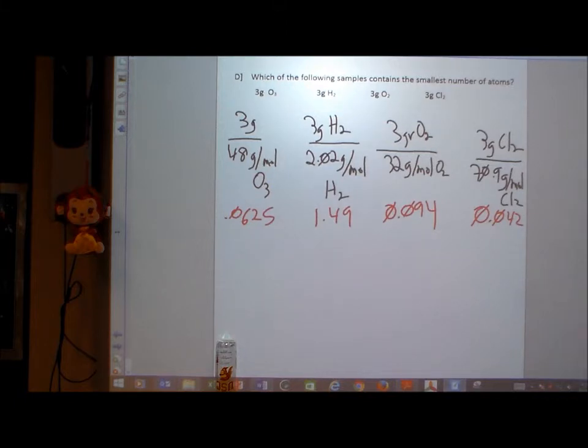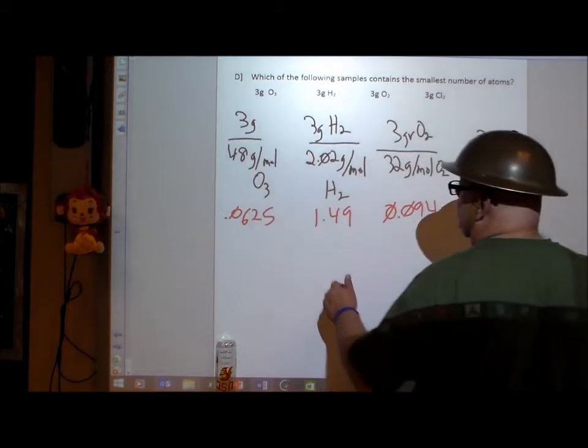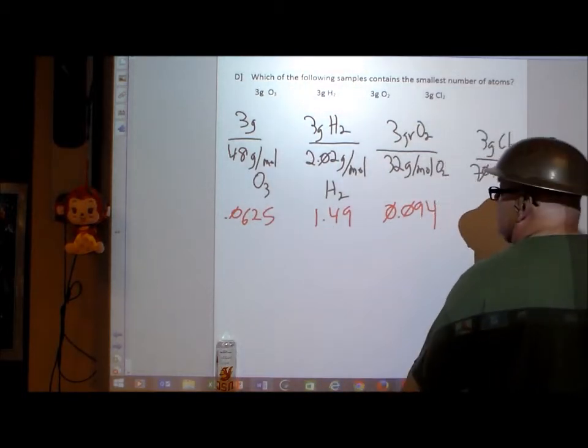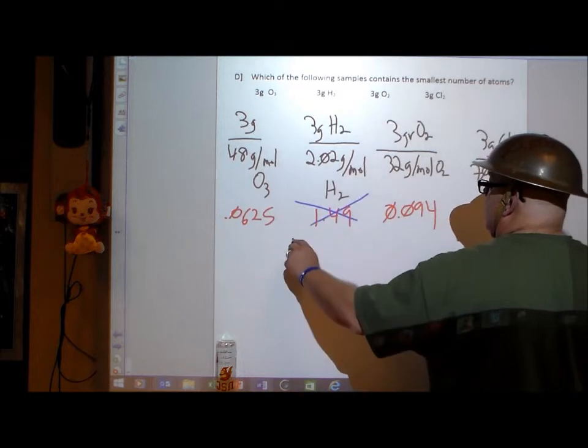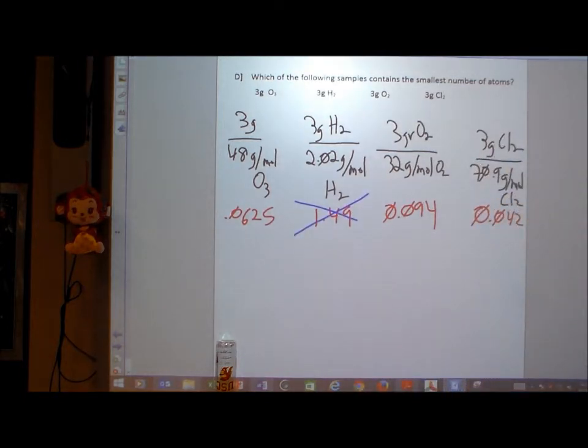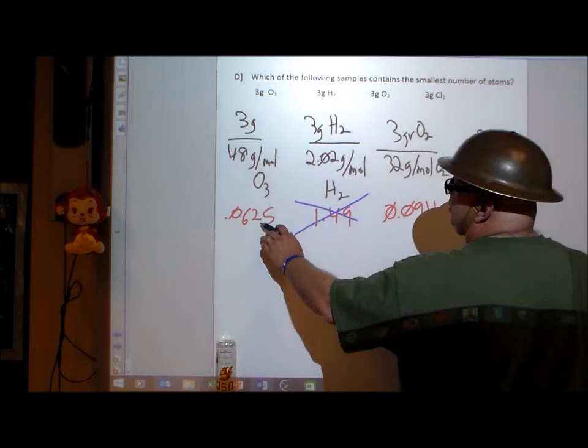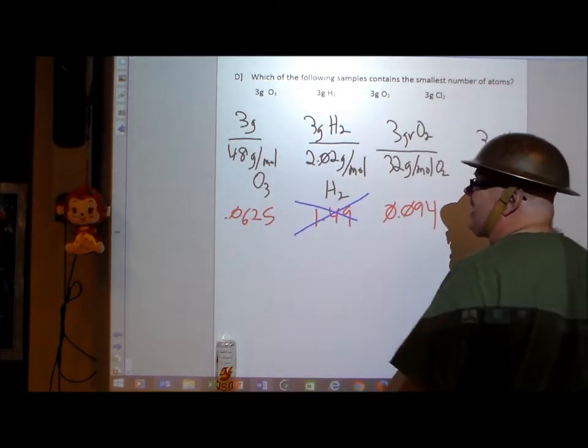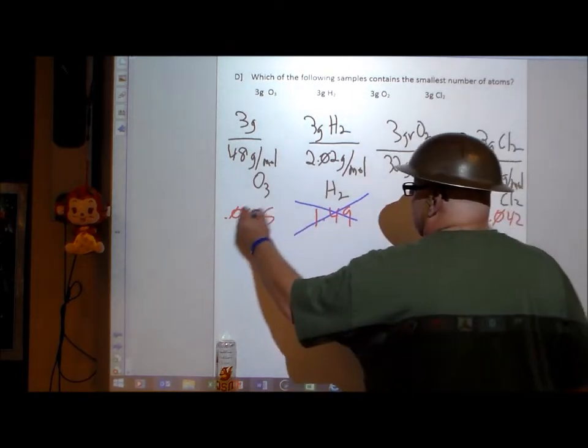Okay, so now you've figured out the number of moles each has, when you sit there and you're looking, you can clearly eliminate this one, because it is the biggest one. That's not going to work. This is also a pretty big number, and you've got 3 oxygens attached to it, not 2.